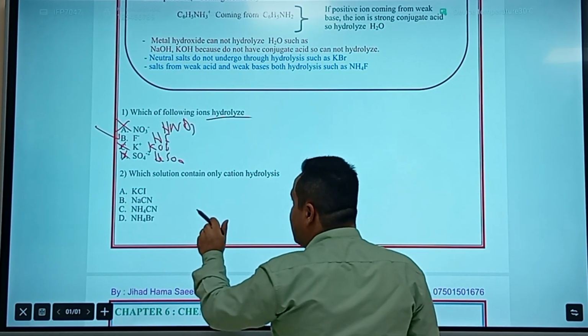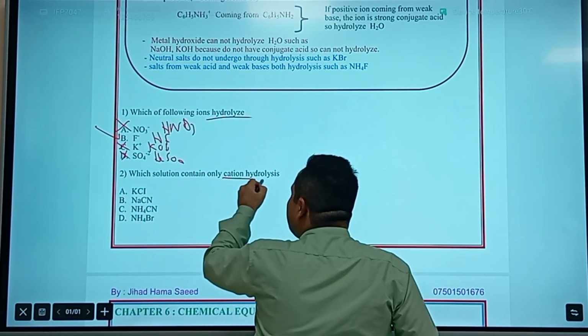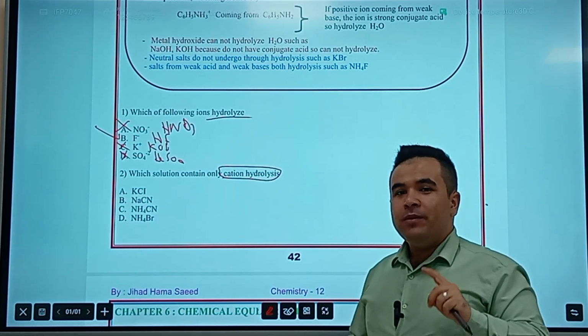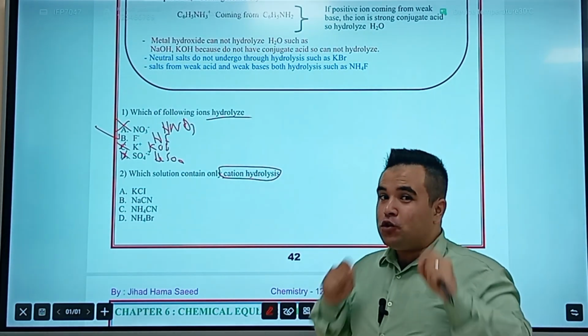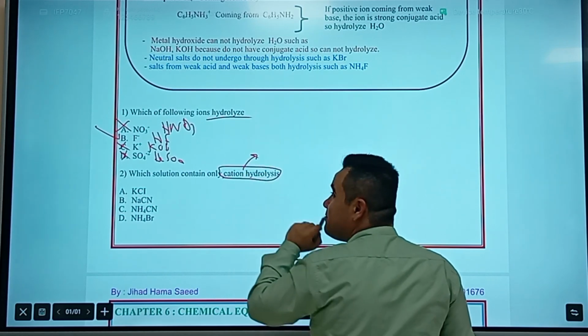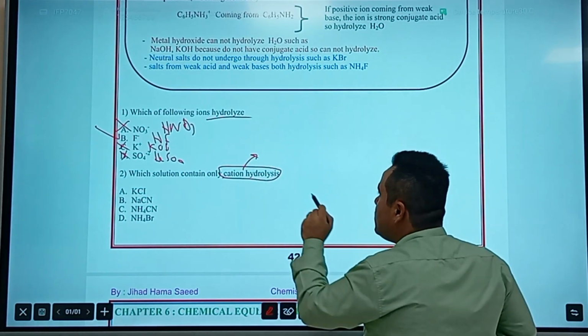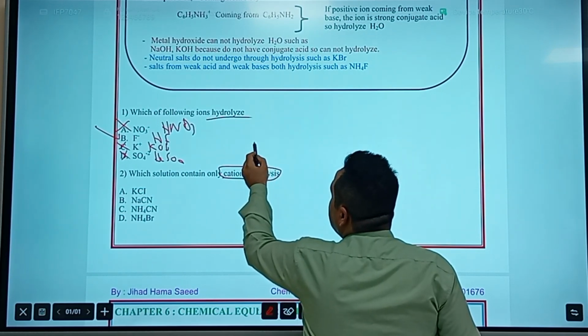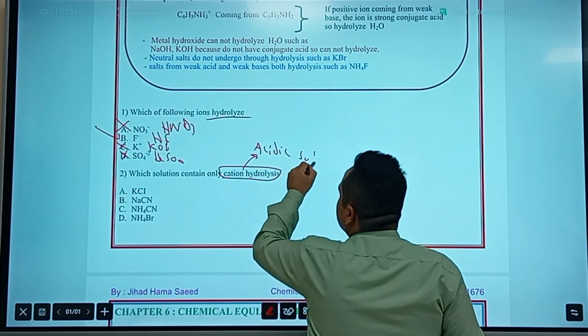Which of the following contain only cation hydrolysis? It may specify the type of the hydrolysis as well. So you have to choose for the cation hydrolysis, guys. If the salt is given, choose the acidic salt.